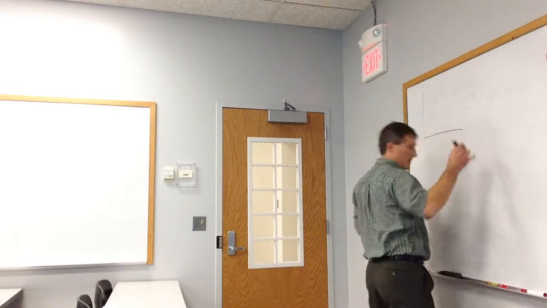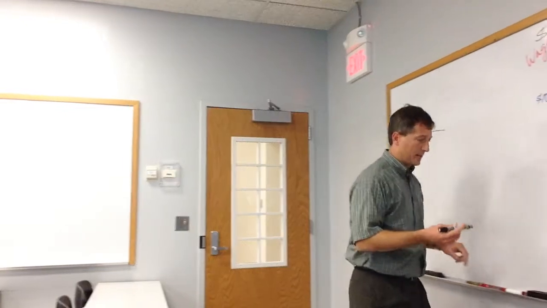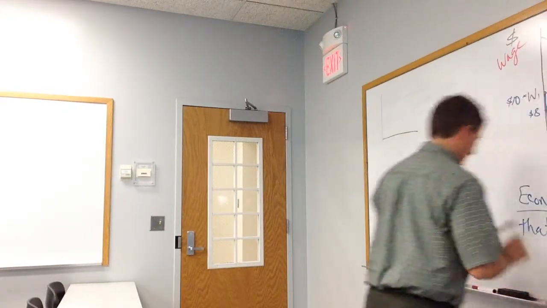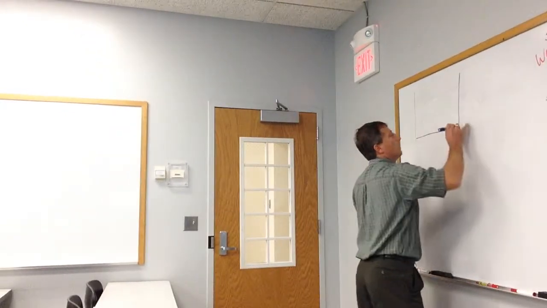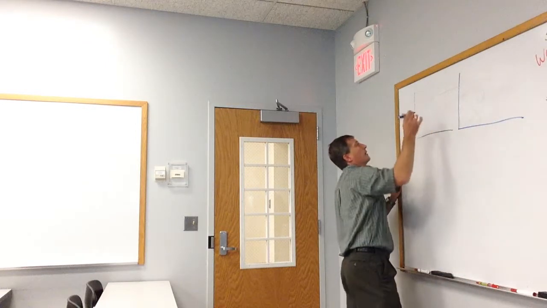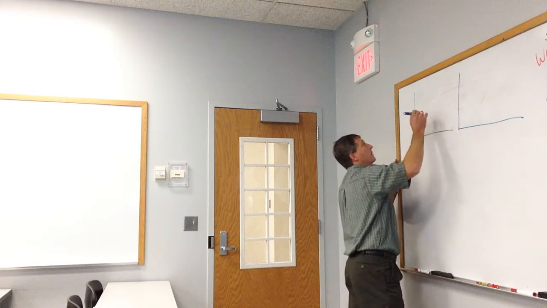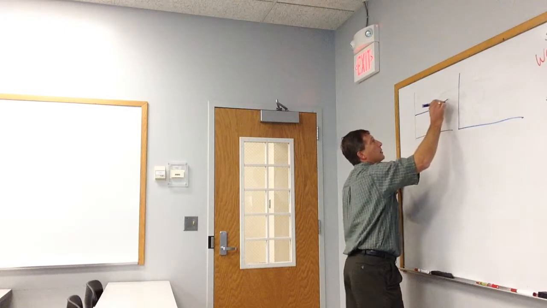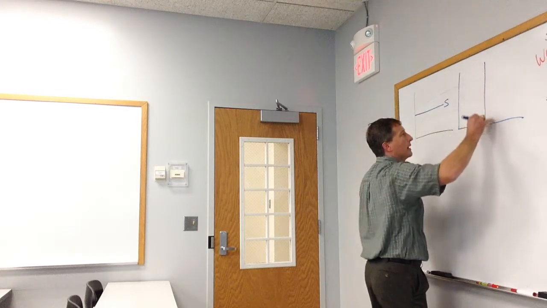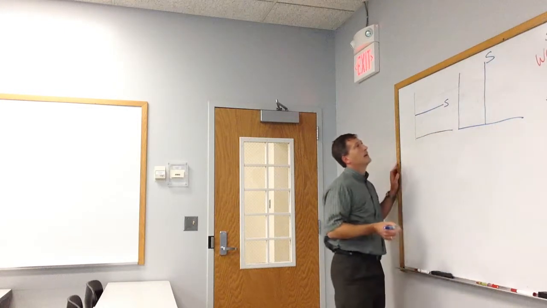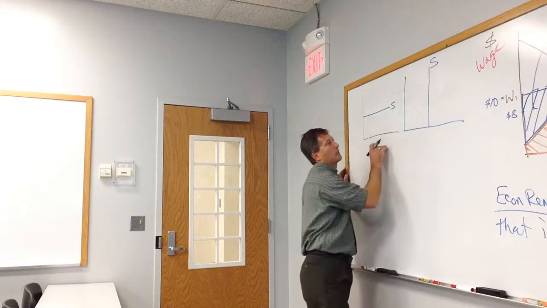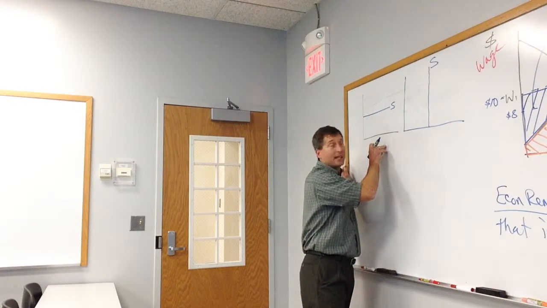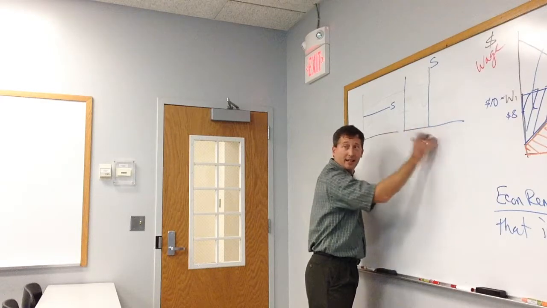Let me give you a couple unique cases here. My black is running out. So if we look at this supply curve or this supply curve, perfectly elastic, perfectly inelastic.